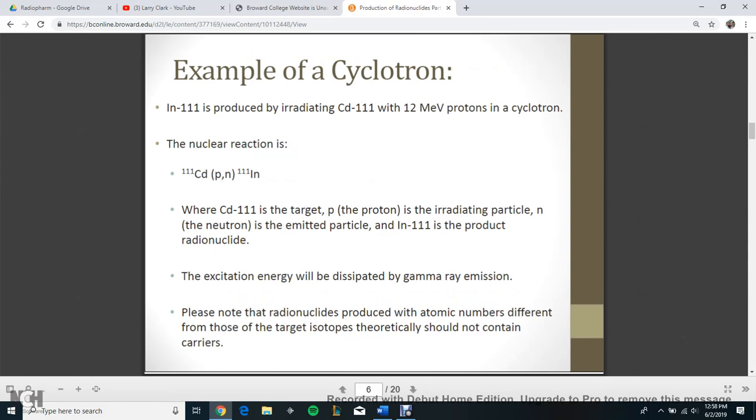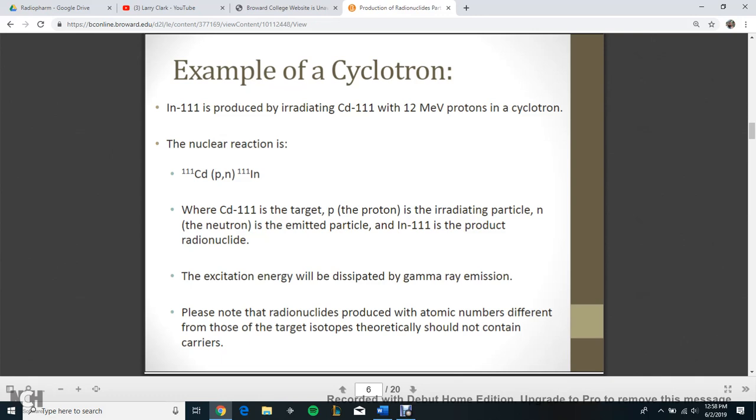An example of a cyclotron product is indium-111, which is produced by irradiating Cd-111 with 12 MeV protons in a cyclotron. The nuclear reaction is called Cd-111(p,n)indium-111, where Cd-111 is the target, p the proton is the irradiating particle, n the neutron is the emitted particle, and indium-111 is the product radionuclide.